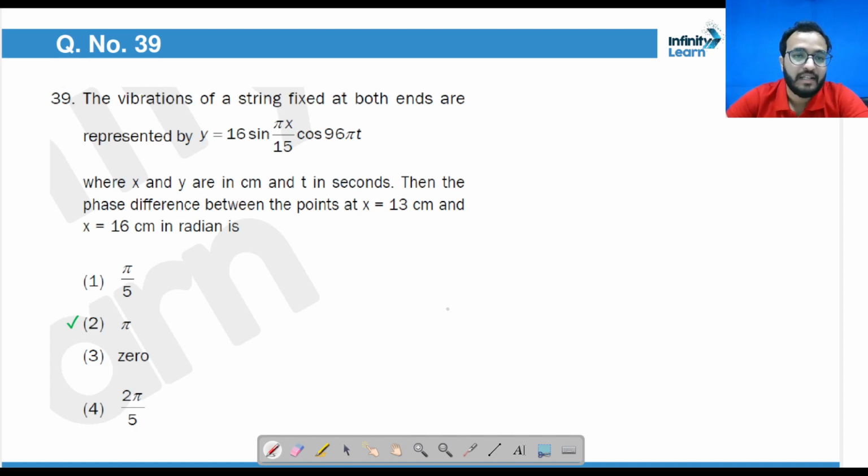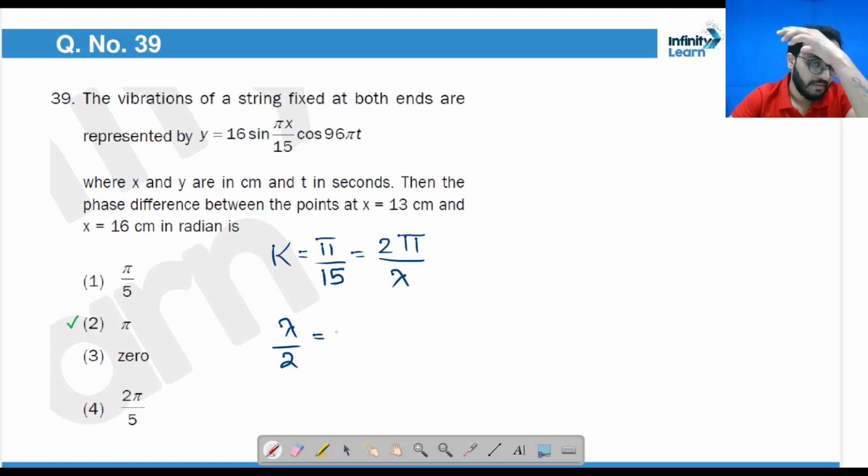39. Again same thing. See here, k is pi by 15, which is 2 pi by lambda. So lambda by 2 is 15 centimeter.